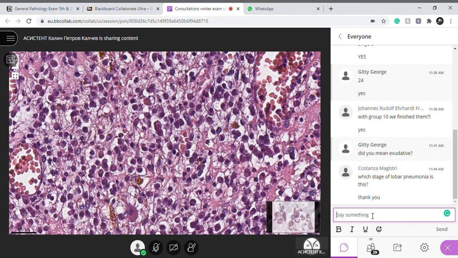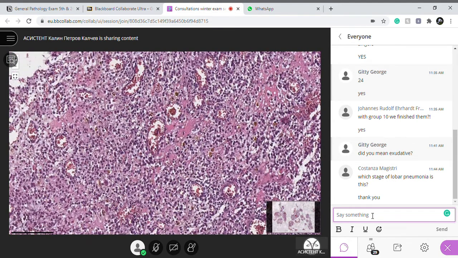So it is an inflammation. And the most prominent part of this inflammation are actually mononuclears. These are the plasma cells, lymphocytes, and just a few neutrophilic granulocytes. We can define this as chronic inflammation.